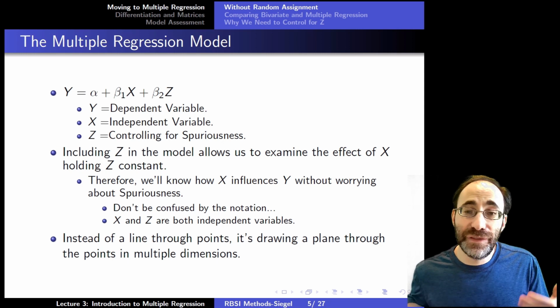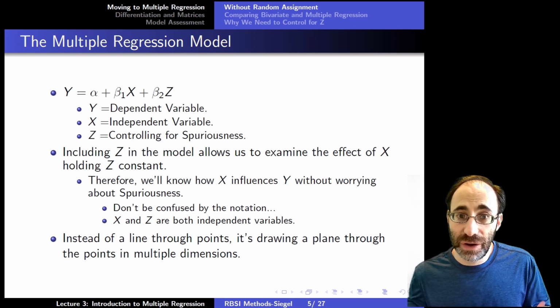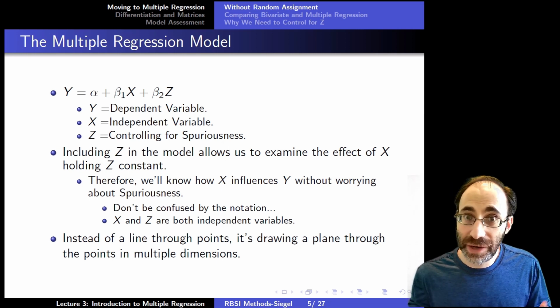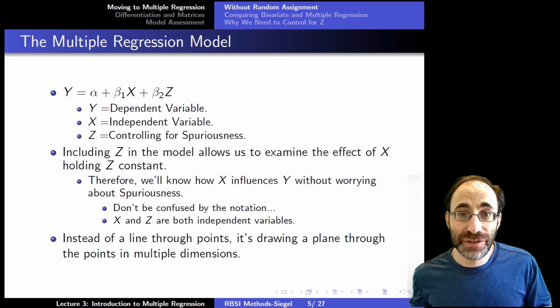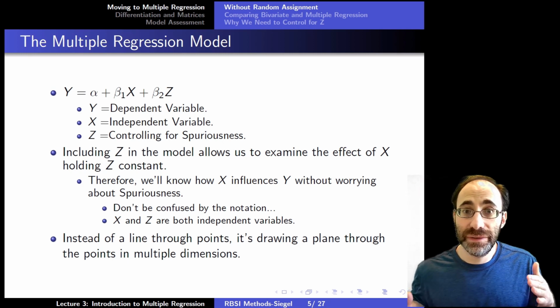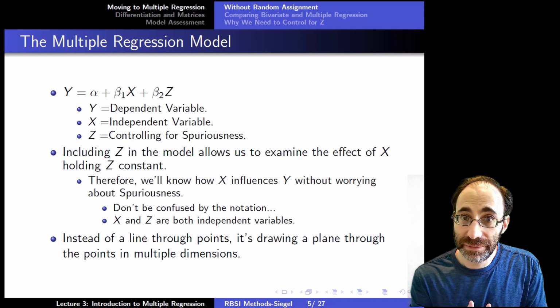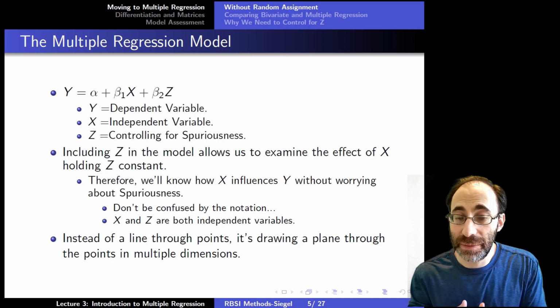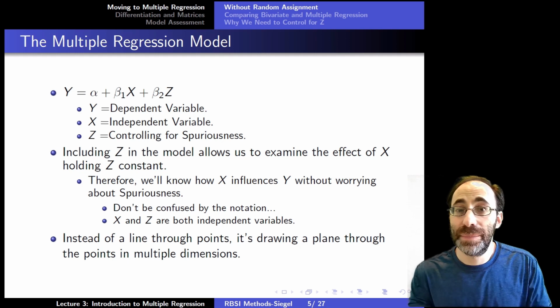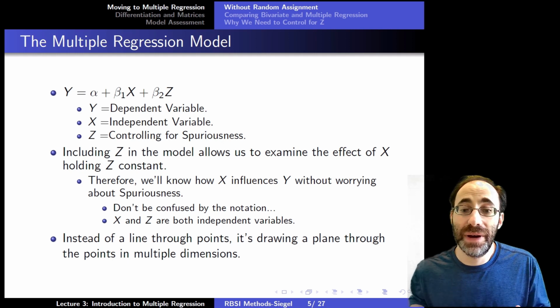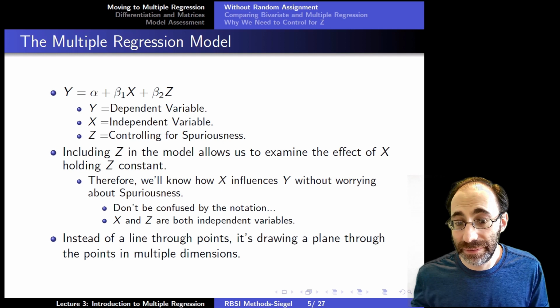In terms of the logic, it's very similar logic to standard OLS in a bivariate regression. The difference is, instead of fitting a line to minimize the sum of squared error around that line, we fit a plane to minimize the error around the plane.